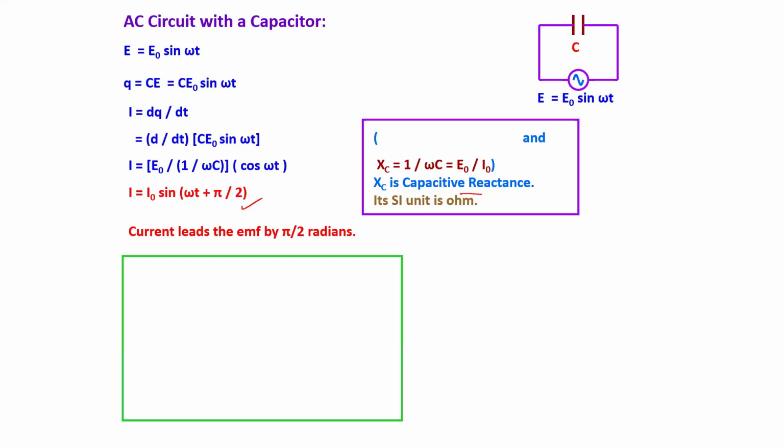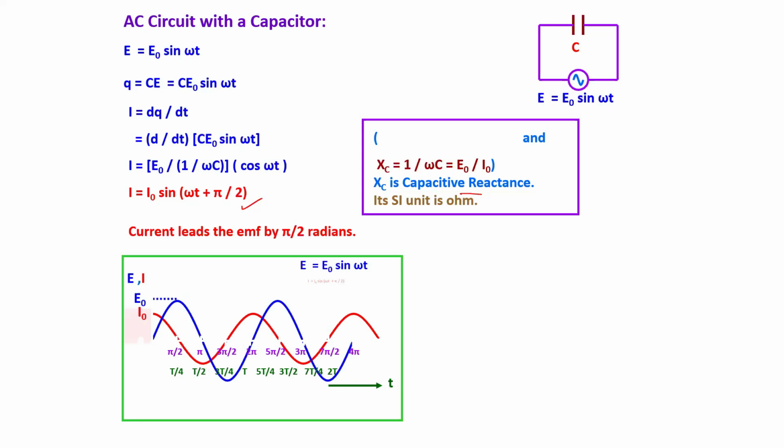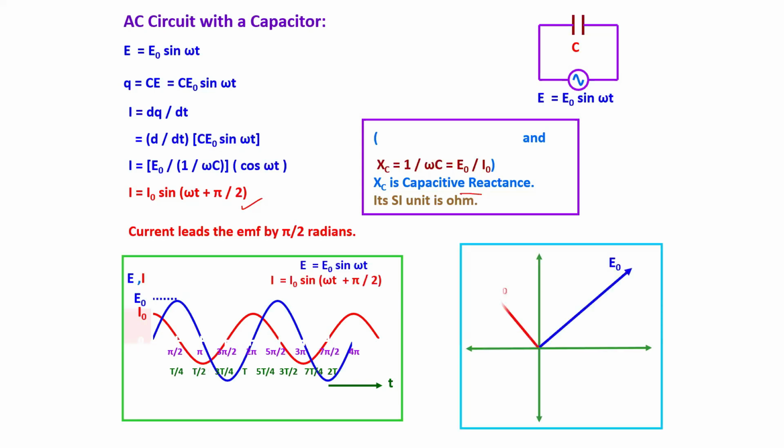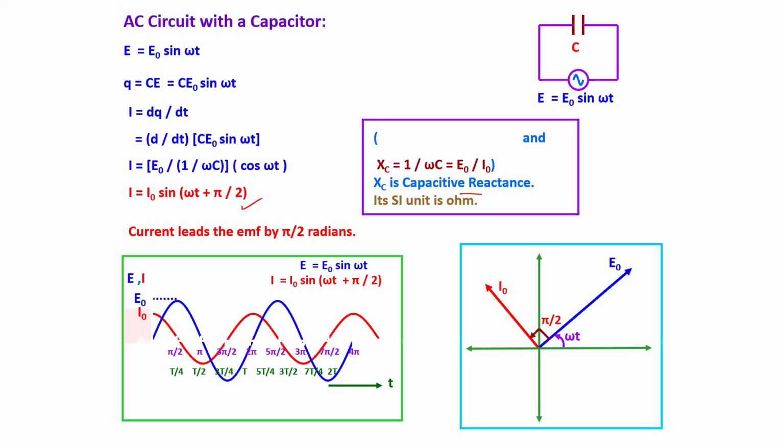I just showed the diagrams and the relation between I naught and E naught. Here they will have the angle of 90. So here we can say current leads the EMF by 90 degrees, or pi over 2 radians.